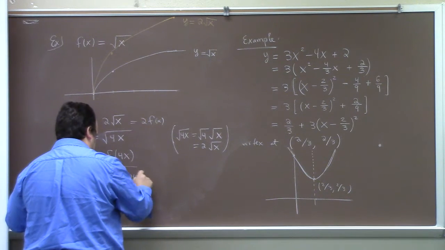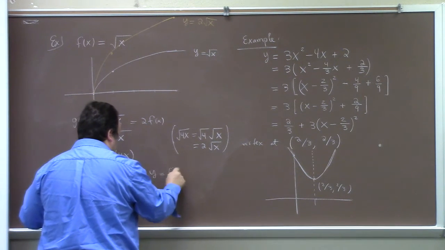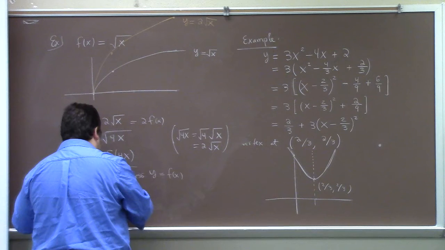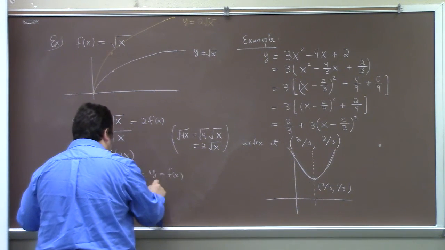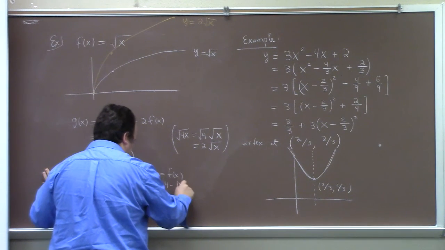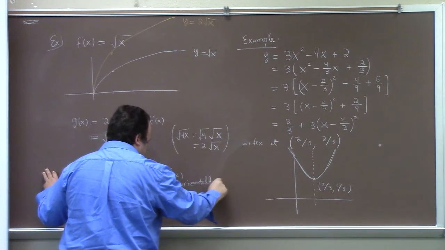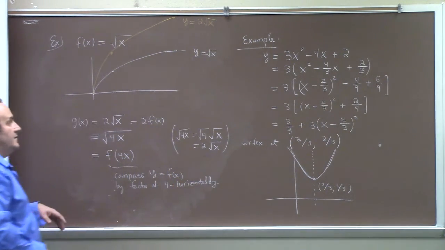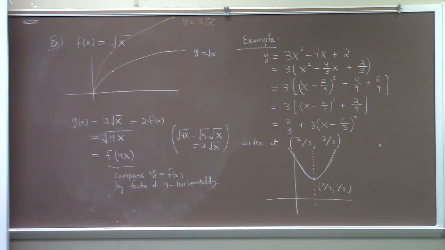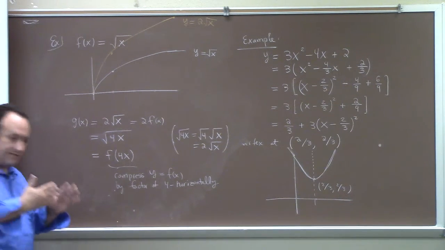Compress y equals f of x by a factor of 4 horizontally. So how is that game played? I'll try to do that one in blue. We take a point on the original graph and we divide the x-coordinate by 4, and that gives us the corresponding point on the compressed graph.